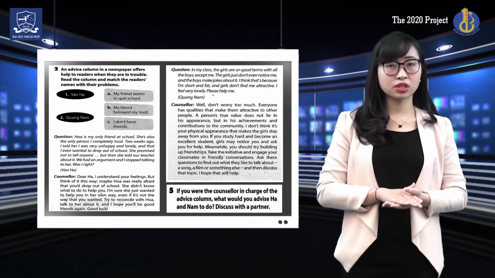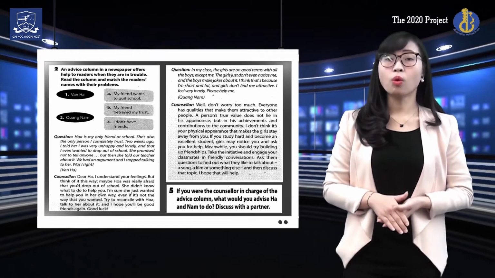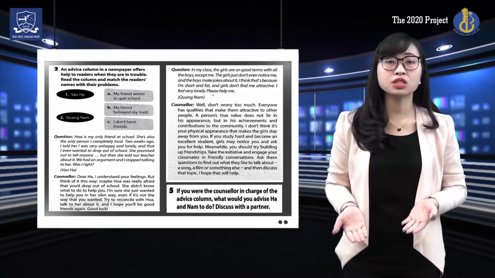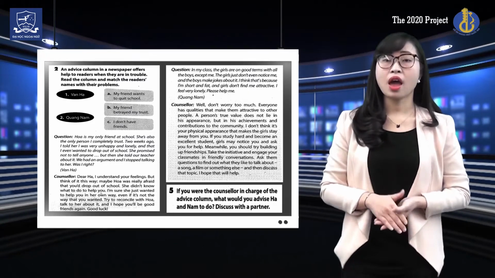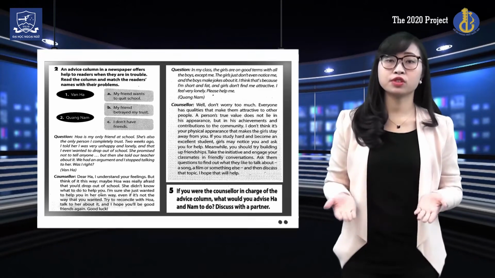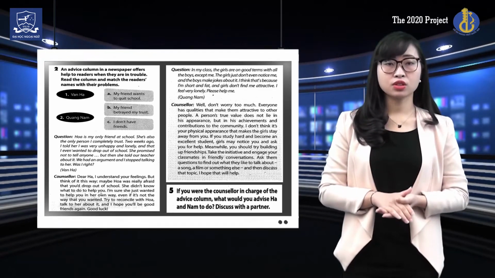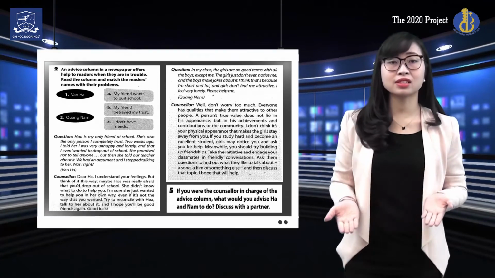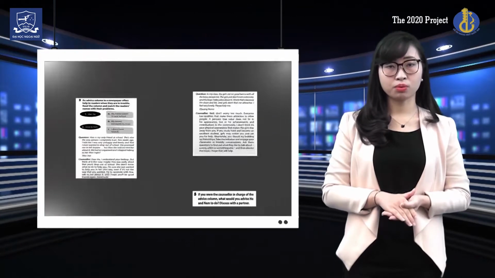Two situations are taken in an advice column in a newspaper. One of the tasks is that students have to imagine they were the counselor and what advice they would give to the readers. Through this activity, students have a chance to practice their speaking skill and problem-solving skill as well.